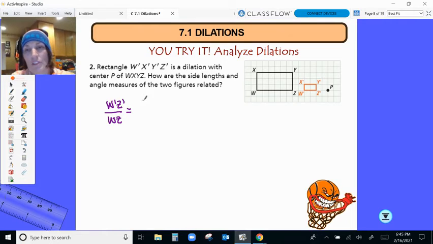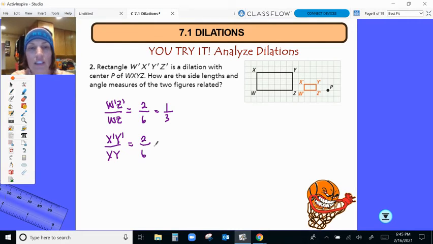So W prime Z prime is going to be 2 over 1, 2, 3, 4, 5, 6, and that is 1/3, right? If I look at my X prime, Y prime to my XY, X prime, Y prime is 2, and XY is 1, 2, 3, 4, 5, 6.